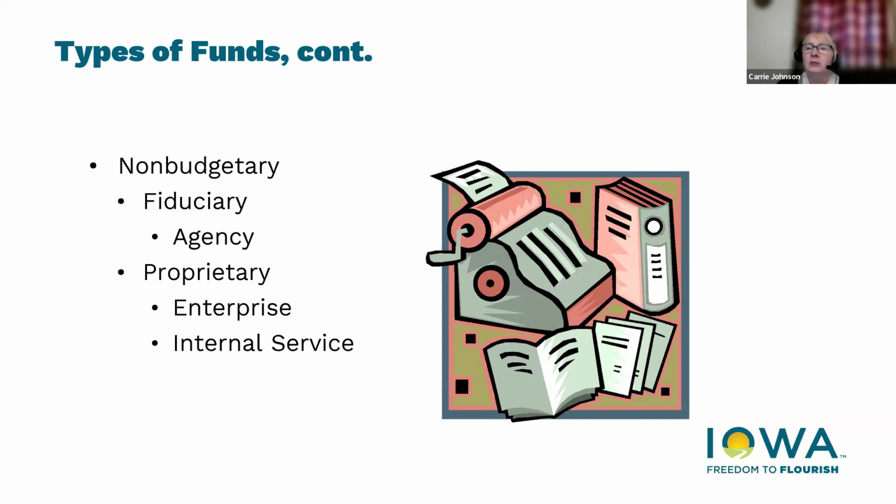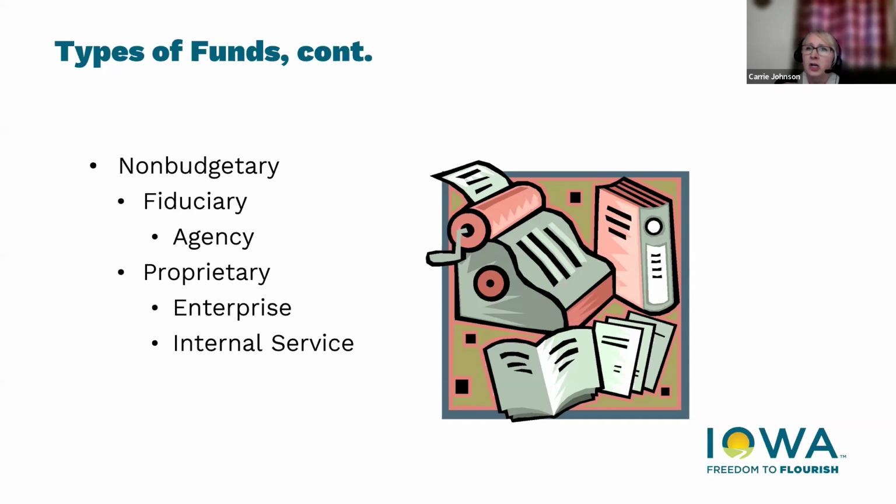These are the funds where the county, so the county auditor's office or budget director's office, might be serving basically as the fiduciary or the accountant for funds that are under the control of a different board. A good example here is the county operates an agency fund for the county assessor's office.